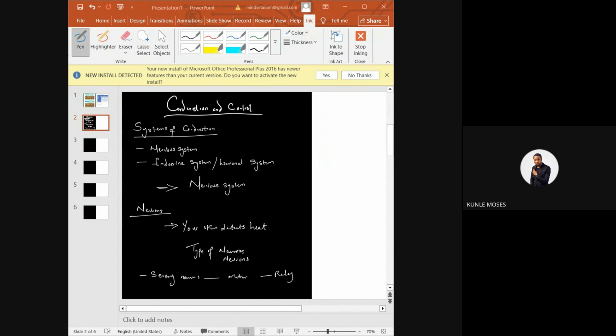As your eye is detecting what is being thrown, the sensory neuron will quickly send a message to the brain.